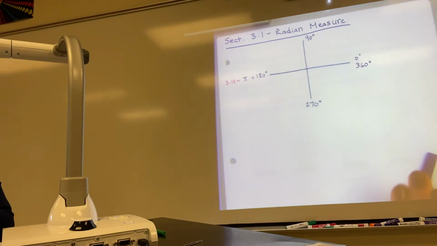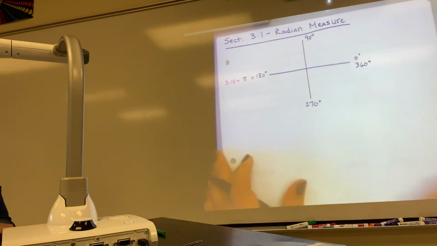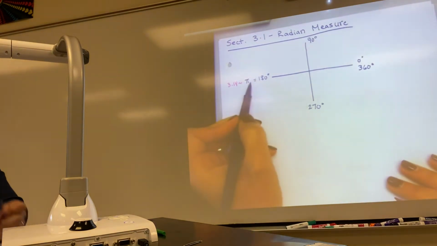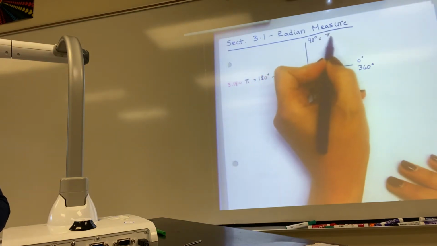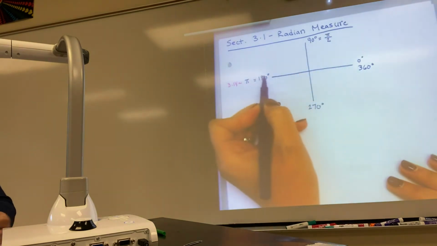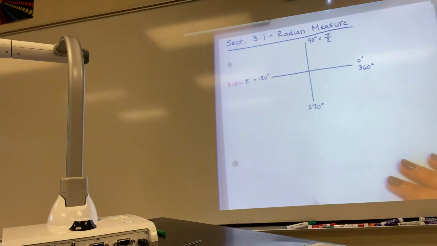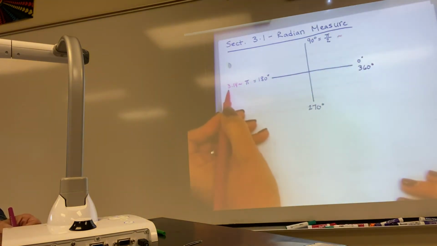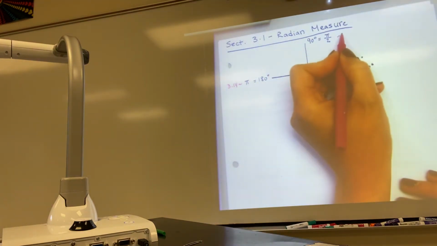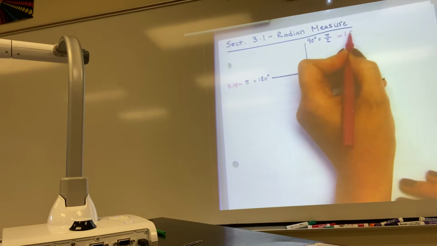So if 180 is 1 pi, then 90 is the same as pi over 2, because this is half of 180, which is half of 3.14, and that will be about 1.57.